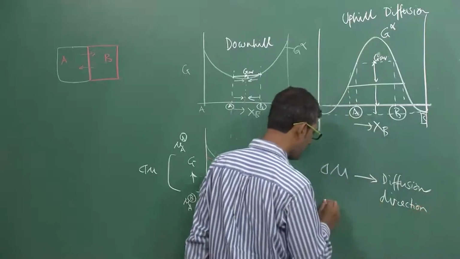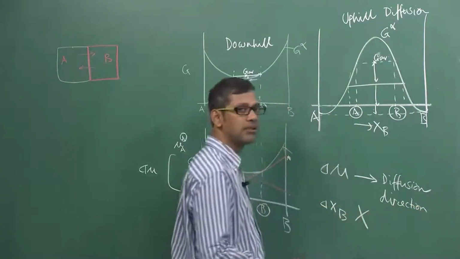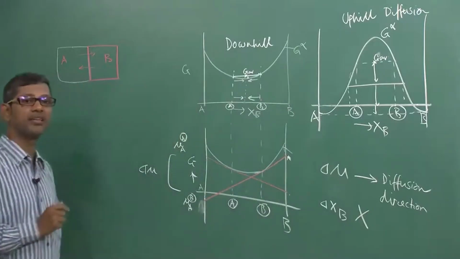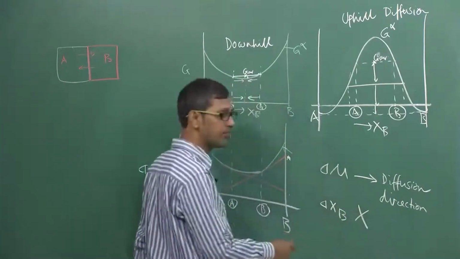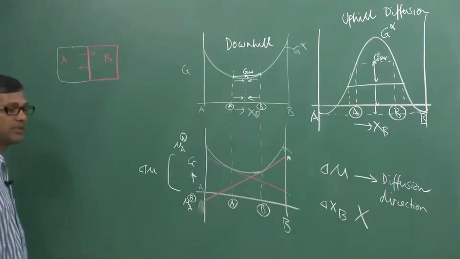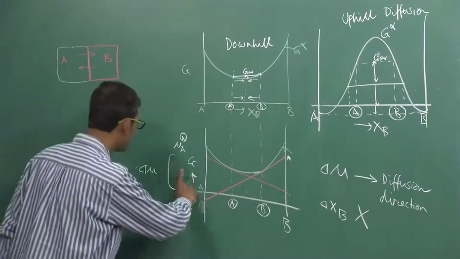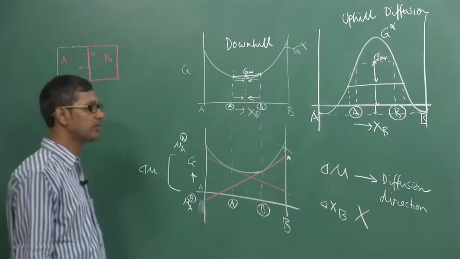I want you to understand very clearly, because most of us have a concept that it is the compositional difference which dictates the diffusion directions. No, it is this chemical potential difference. That is what tells you why these things will happen.